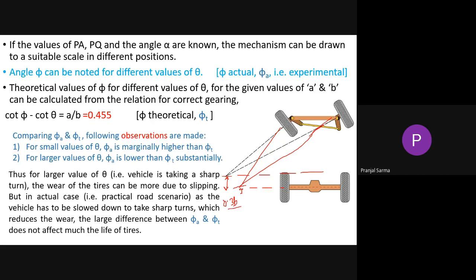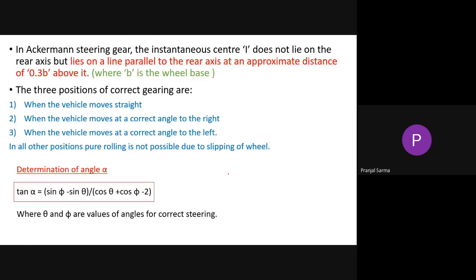Here, b is the wheelbase. The three positions of correct steering are: when the vehicle is moving straight, that is fine; when it is moving at an angle to the right, it also fulfills the equation of correct steering; and when the vehicle is moving at an angle to the left, it will also satisfy the correct steering.